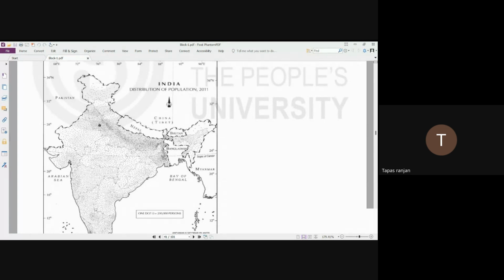Okay, so Punjab, Haryana, then UP, Bihar, parts of West Bengal. All these are basically the fertile lands of India, and these are inhabited by a huge population, as you can see. And even these regions, the middle portions of our country, the western part is basically the Thar desert.